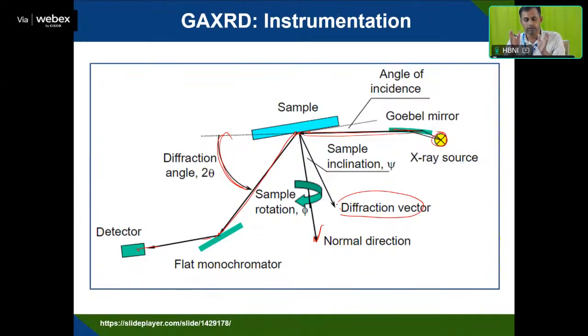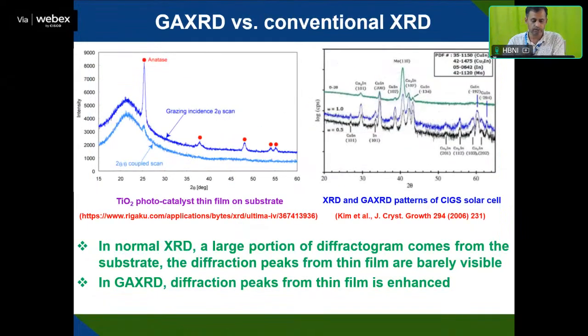So the instrumentation part is almost similar to that of a normal powder XRD. The only difference is that the angle of incidence is very low in this case. This is an example of a TiO2 photocatalyst on a film substrate. The theta to theta coupled scan is the normal, conventional XRD scan.